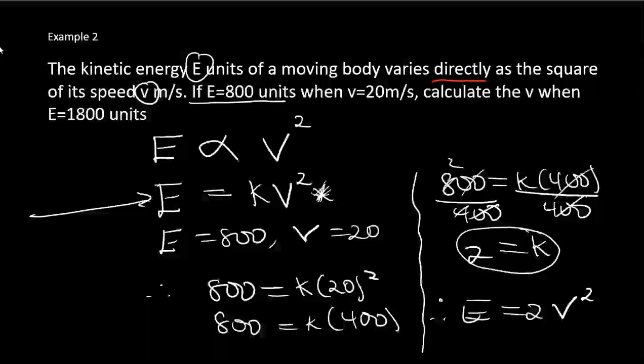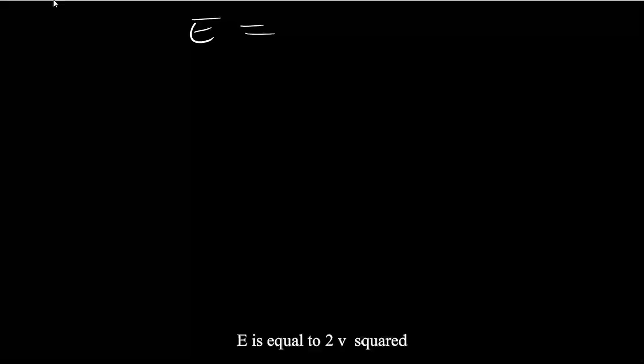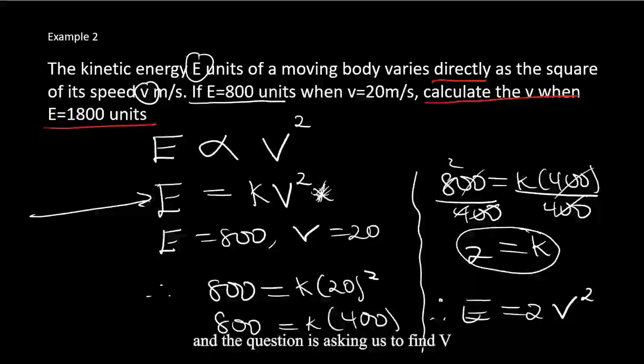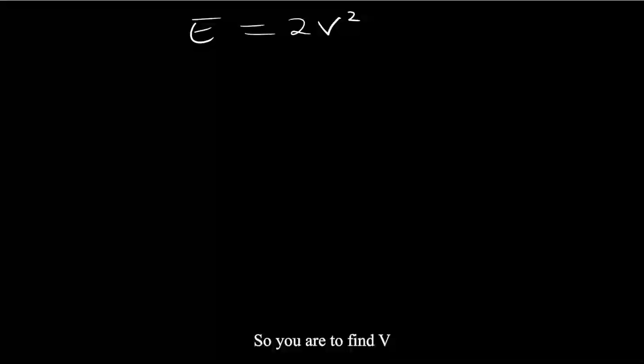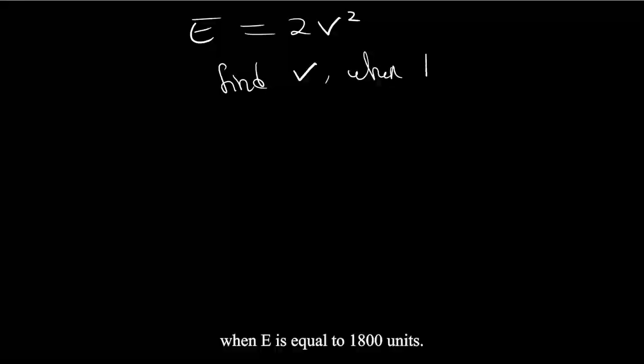Now the second part of the question says: calculate V when E is equal to 1,800 units. The equation is E equal to 2V squared, and the question is asking us to find V when E is equal to 1,800 units.